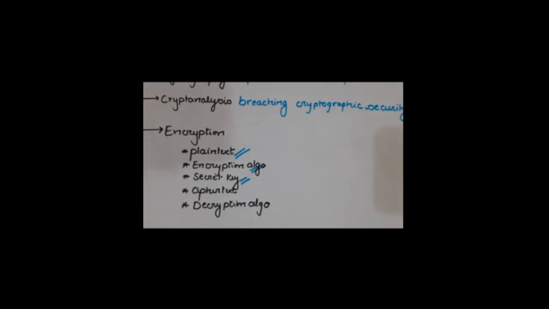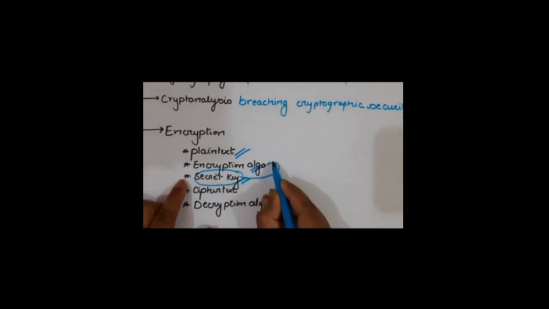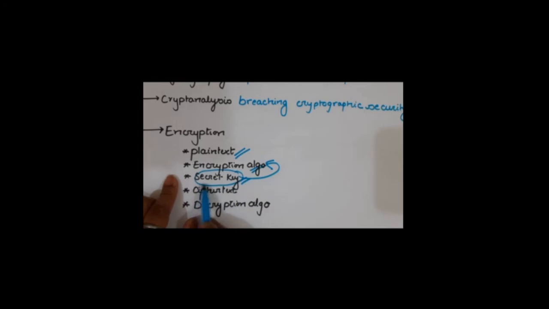Moving ahead, secret key. Now what do you mean by secret key? Secret key is also an input. This secret key is an input to the encryption algorithm. Every encryption algorithm needs a key. So key is basically an input to the encryption algorithm.